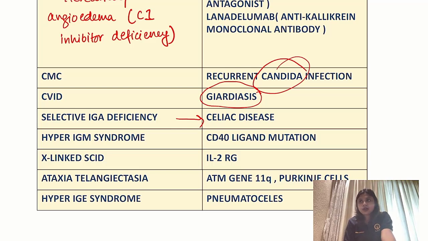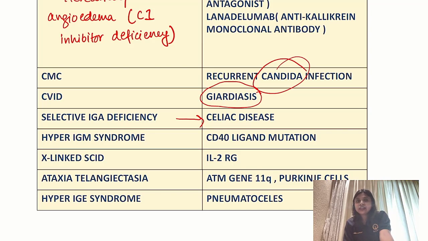These people have sensitivity to gluten, which is found in wheat, barley, rye, oats, etc. So they have a permanent gluten sensitivity, and they are genetically predisposed, HLA predisposed.